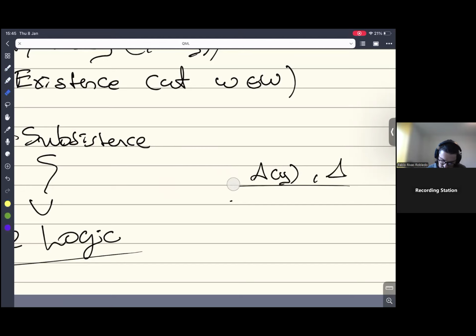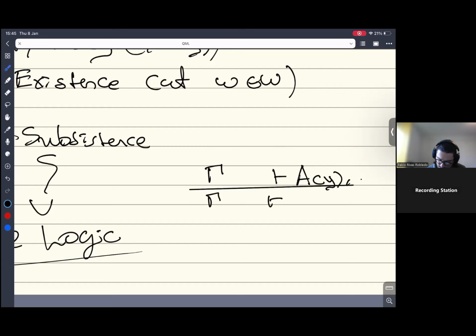Sorry, I'm being sloppy. Normally, it works like this: if you have an arbitrary Y for which you've shown that, let's put the sigma here, then you can conclude that all X contain that.